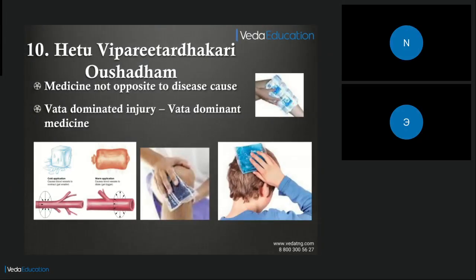When we are playing in the ground, suddenly we get an injury in the hand or leg, but no external abrasion. So you take an ice piece and apply it there. Already Vata is dominated due to the injury, but still you're using a high Vata material like ice and treating it. This type of method is called Viparitarthakari.